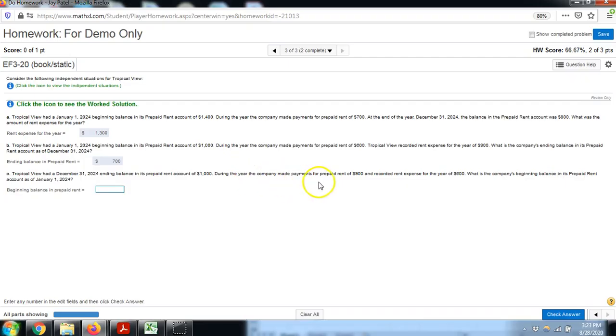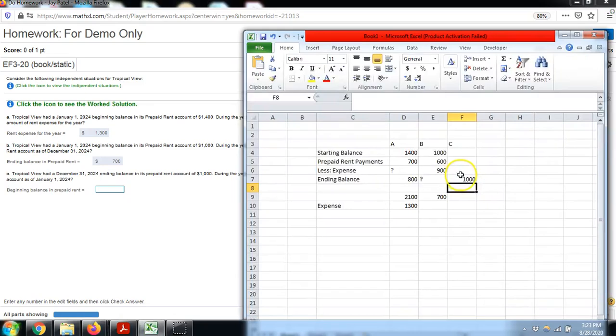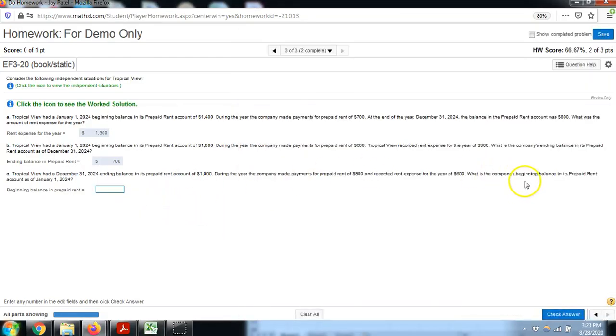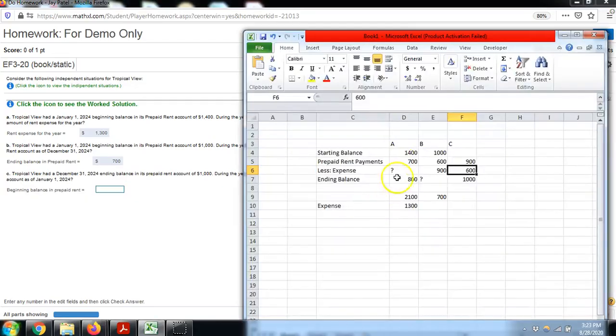And during the year, the company made payments of 900 and recorded an expense of 600. So the expense is 600. Prepaid rent additions were 900. And so now it's asking us what is the beginning balance. So we're solving for this here.